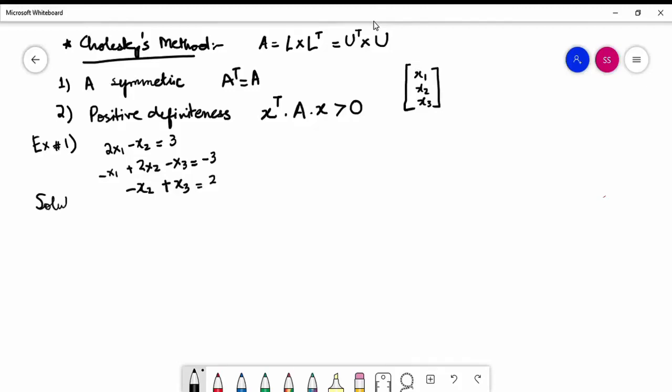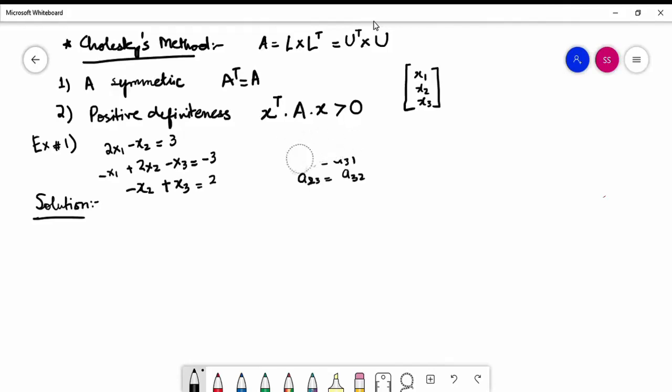Okay, so the first condition is to check whether it's symmetric or not. You can check by symmetry. It means that the A12 element is equal to A21, A13 should be equal to A31, and A23 is equal to A32, and so on. So these are for 3 cross 3. You can match them.